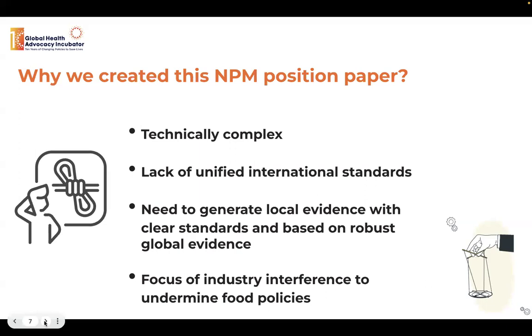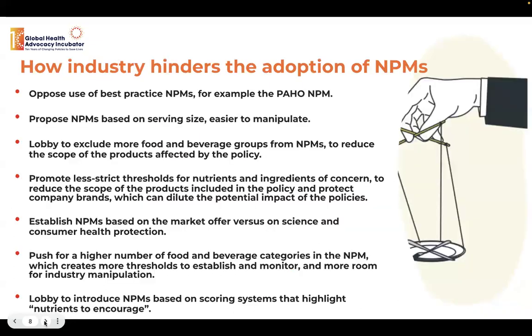There is a great need to generate local evidence to support local policies, but with clear standards and based on robust global evidence free of conflict of interest. And also because we observed, and well documented, that nutrient profile models are the focus of industry interference to undermine food policies. Next slide, please.